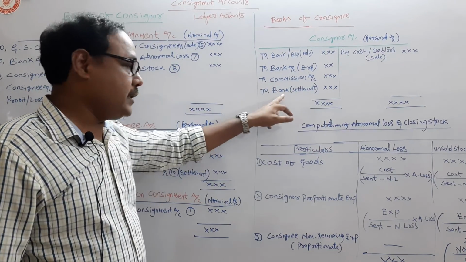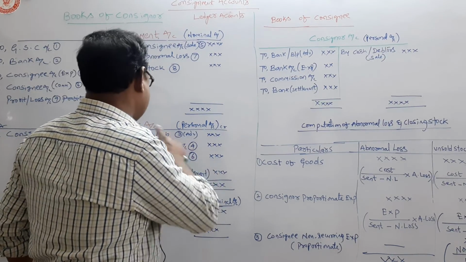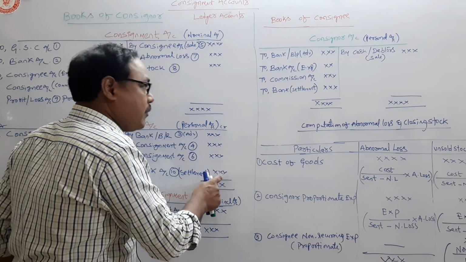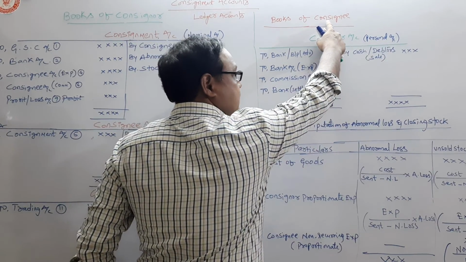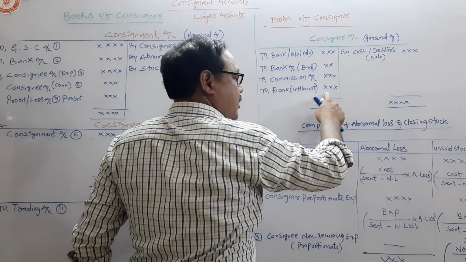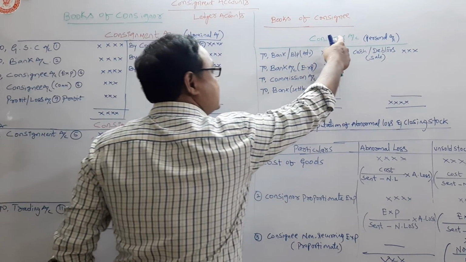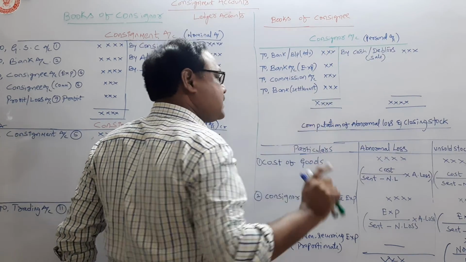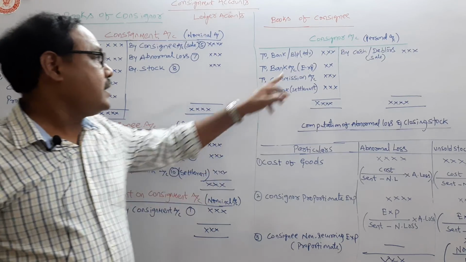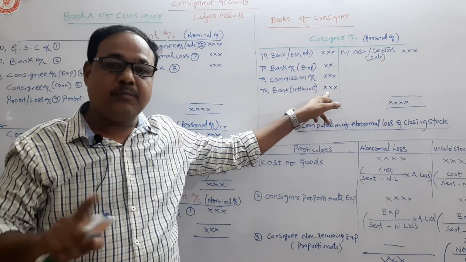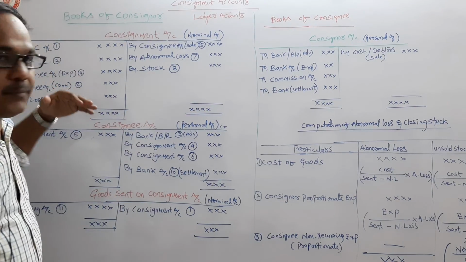Here bank, here also bank. The bank amount whatever you get in consignee, the same amount is also in the books of consignee, and then consignor account also the same. Consignee account balance and consignor account balance, both are the same only. So these are the ledger postings.